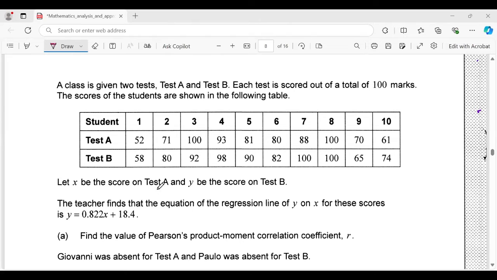Let X be the score on test A and Y be the score on test B. So this is X and this is Y. The teacher finds that the equation of the regression line of y on x for the scores is y equals 0.822x plus 18.4. Find the value of the Pearson product moment correlation coefficient r.